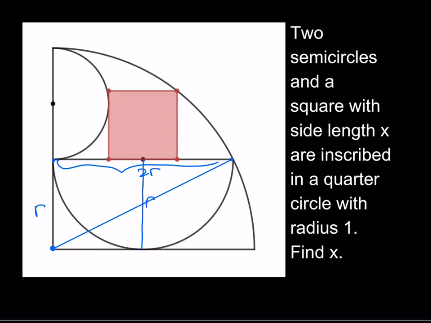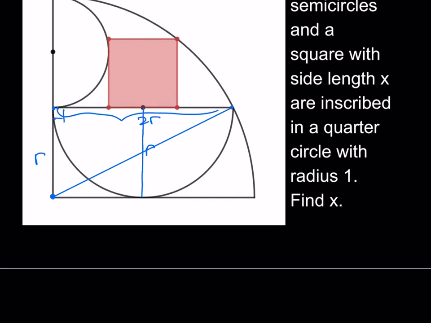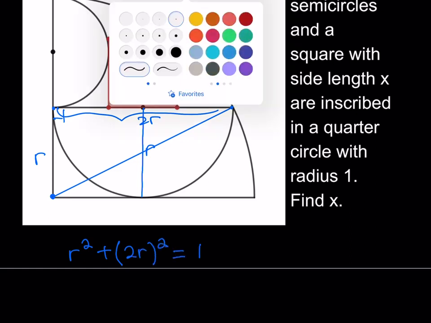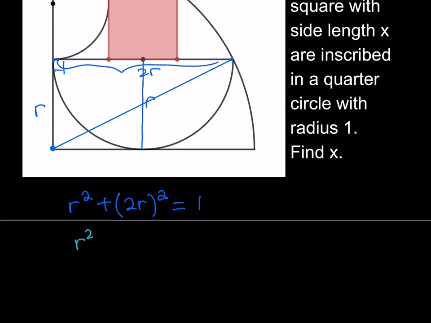So I do have a nice equation here. This is a right triangle, and I'll probably erase that later not to get confused. But here's my equation: R squared plus (2R) squared is equal to 1 squared, which is 1. Awesome. Now let's simplify this. This is R squared plus 4R squared is equal to 1.